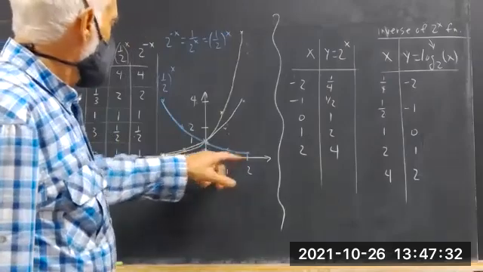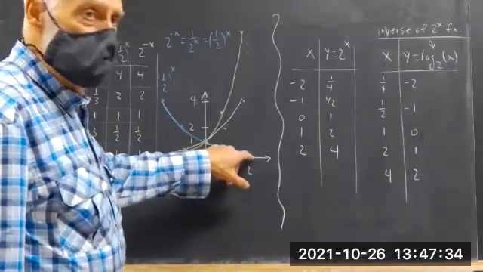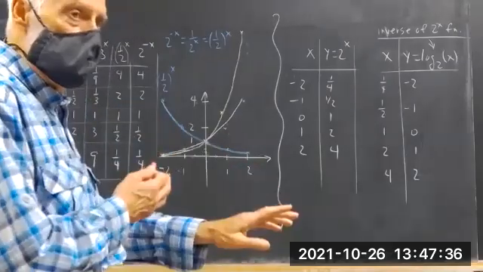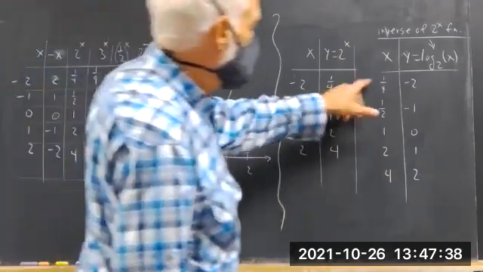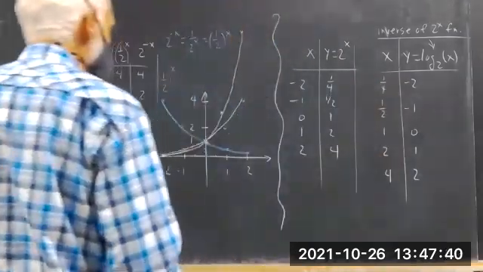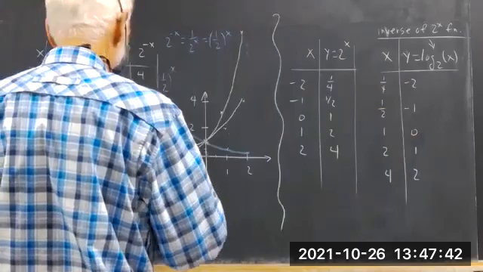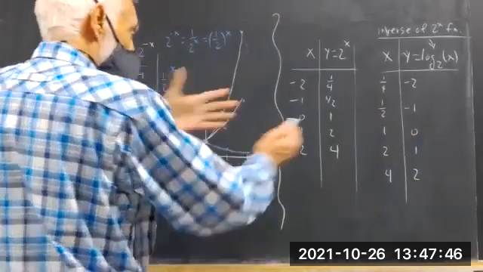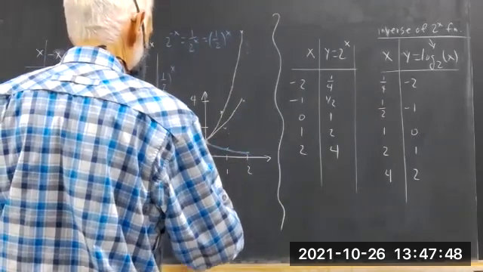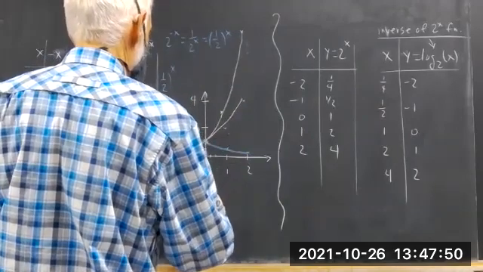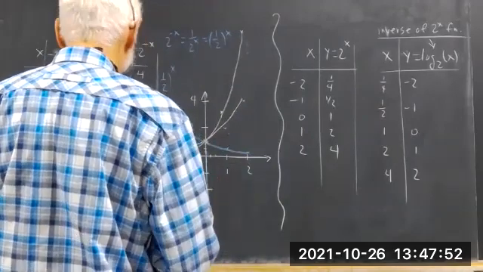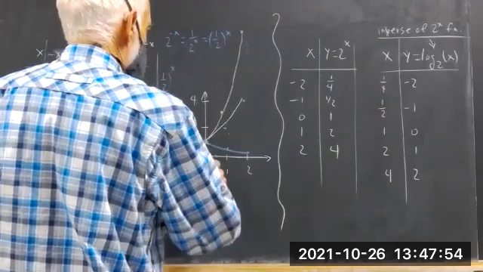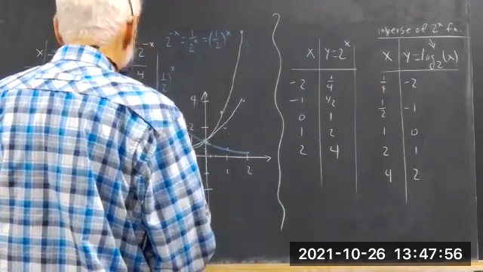We just take the coordinates of the points here and switch the x and y values. If we do that, this is what we're going to get. So we're going to get 1/4, -2. Well, now we're going into negative numbers. You got to go down to -2. Here's going to be -1. When x is 1/4, y is -2.